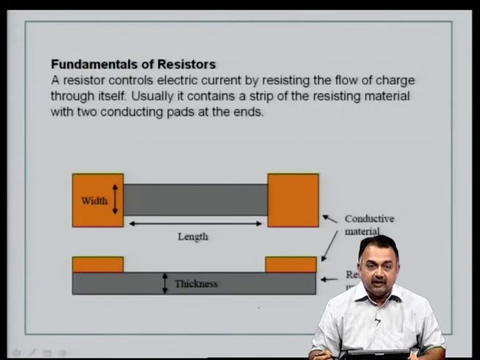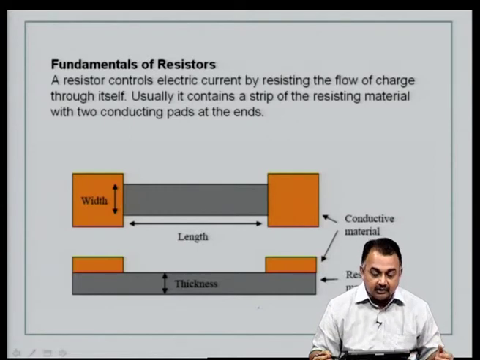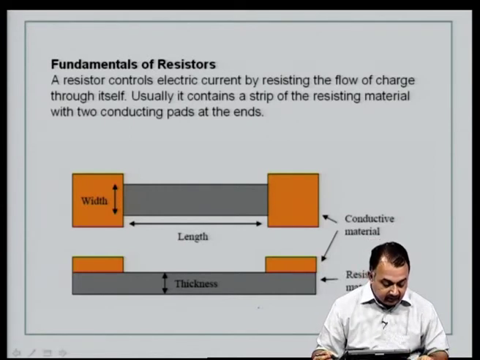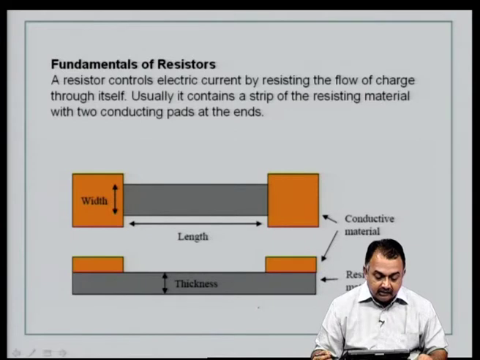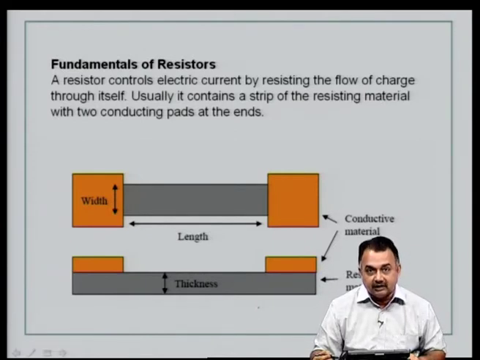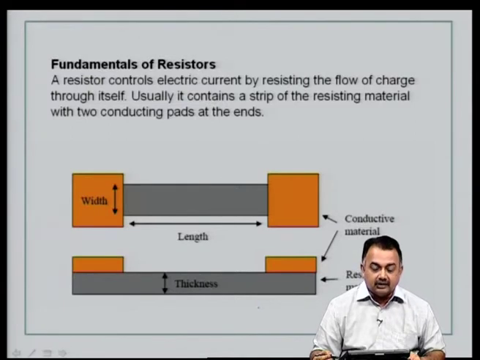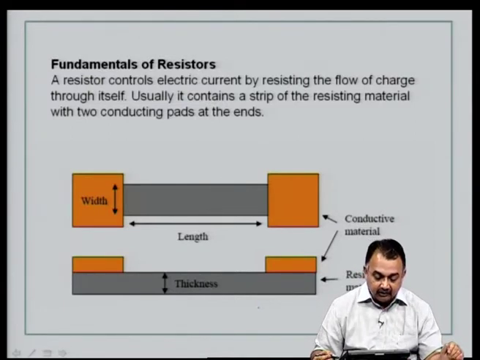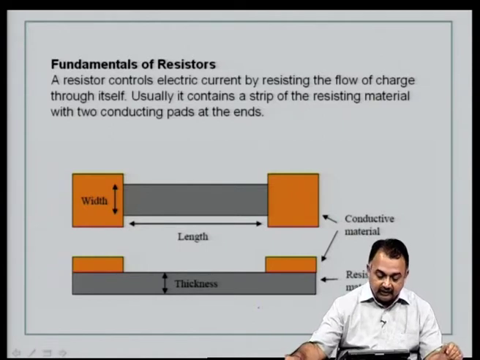Let us get into some fundamentals before we actually go into the process details of embedded resistors and capacitors. A resistor controls electric current by resisting the flow of charge through itself. Usually it contains a strip of the resisting material with two conducting pads at the ends.